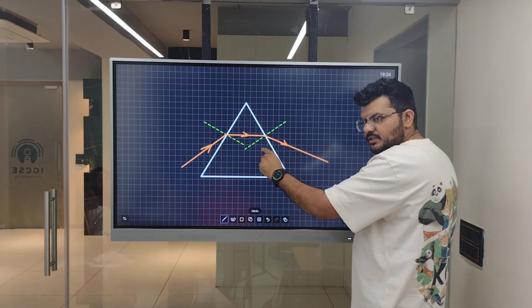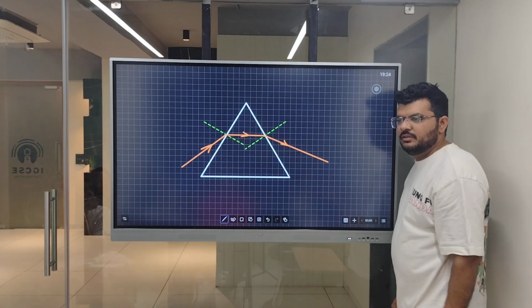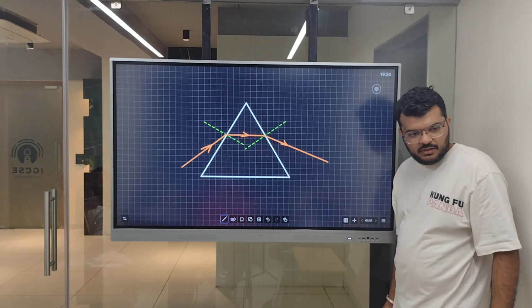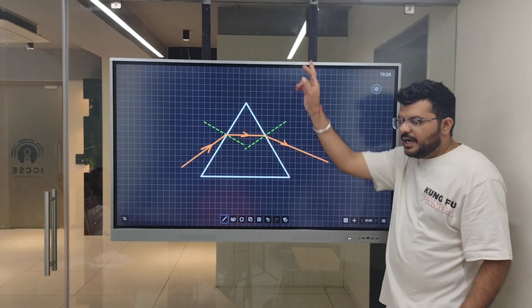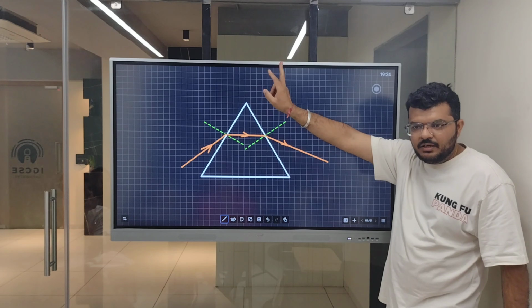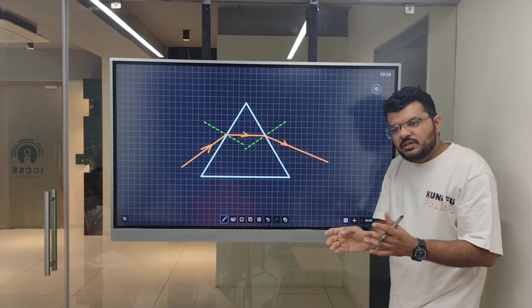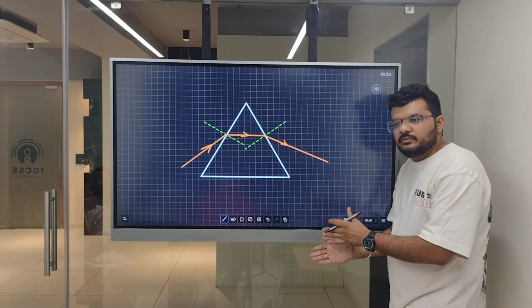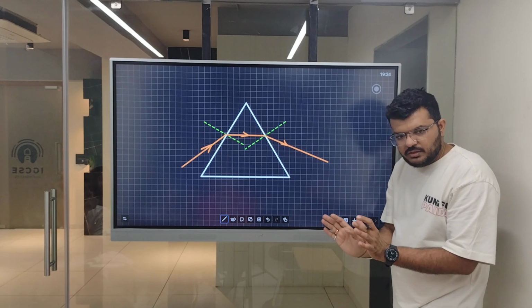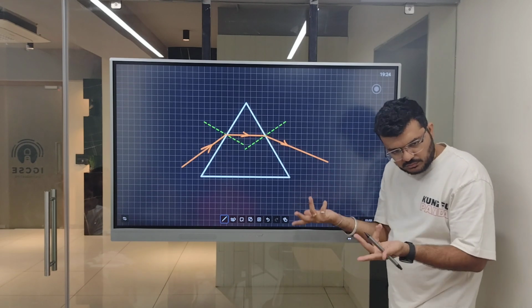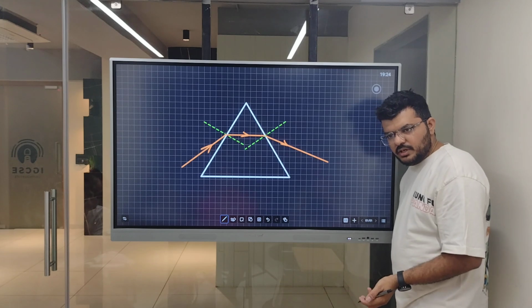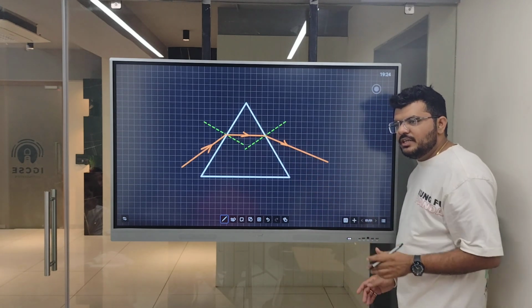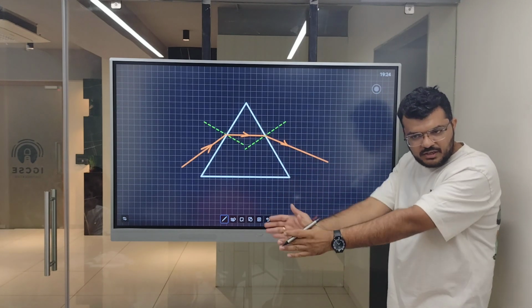But what has happened over here? It has bent once and then bent again. That ray was also bending twice, but the second bend was parallel to the first ray. But here the surfaces aren't parallel to each other. That's why it goes from here to here. So that ray was not deviating. The two rays were parallel to each other.